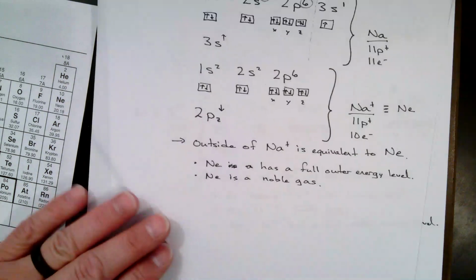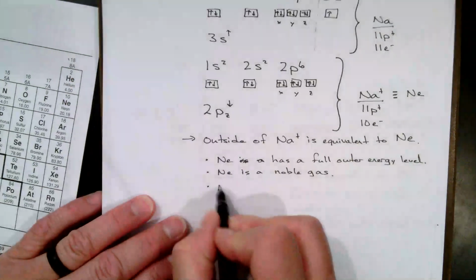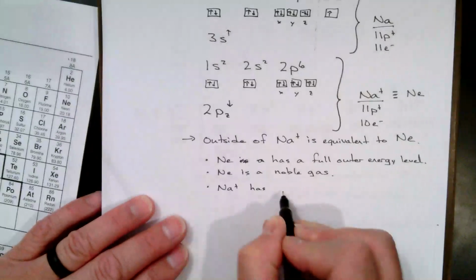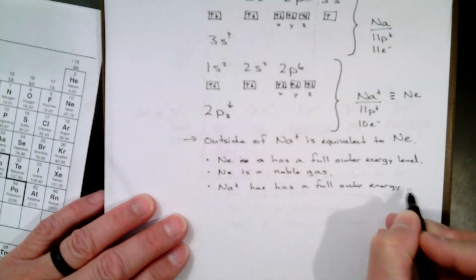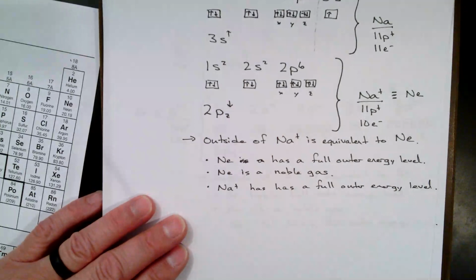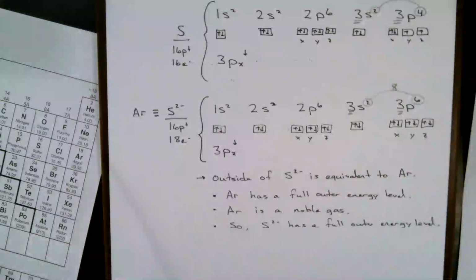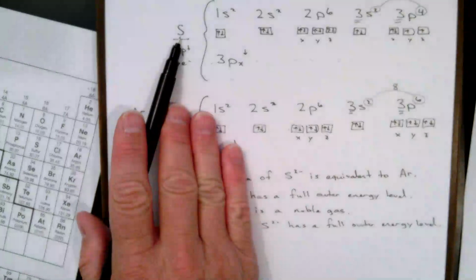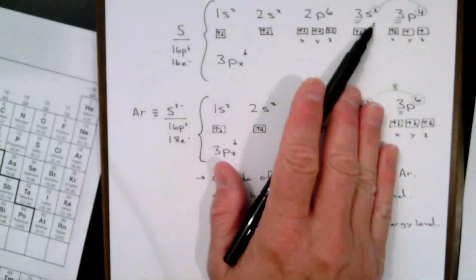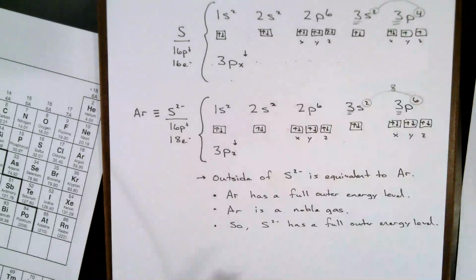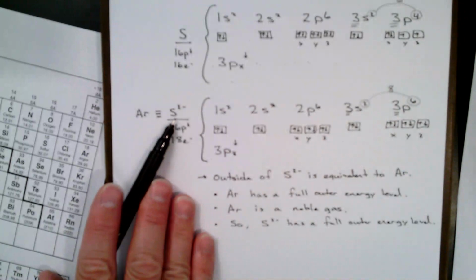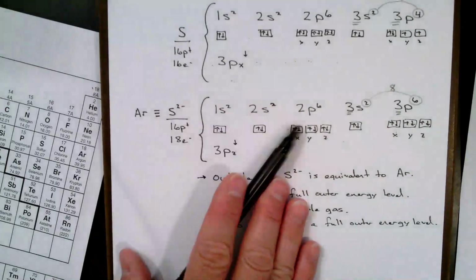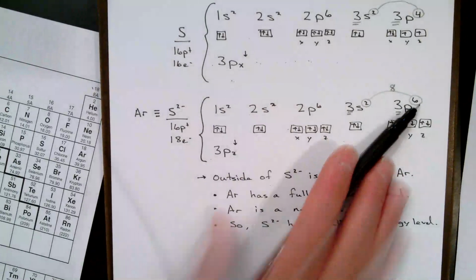I'm going to slide back to here, and I'm going to put Na plus also has a full outer energy level, just like neon. So the quantum mechanical description of sulfur: 1s2, 2s2, 2p6, 3s2, 3p4. The quantum mechanical description of the sulfide ion, S2 minus: 1s2, 2s2, 2p6, 3s2, 3p6.